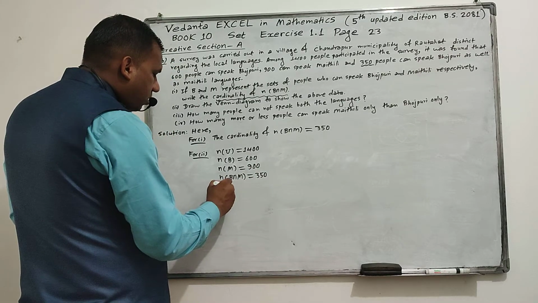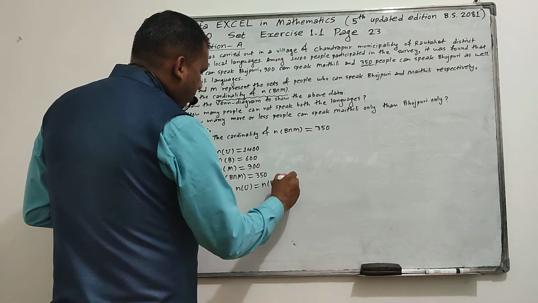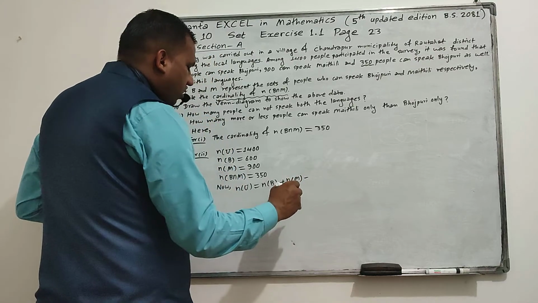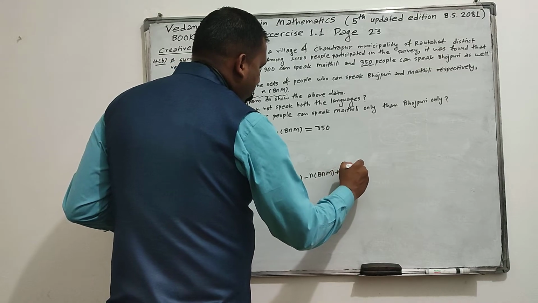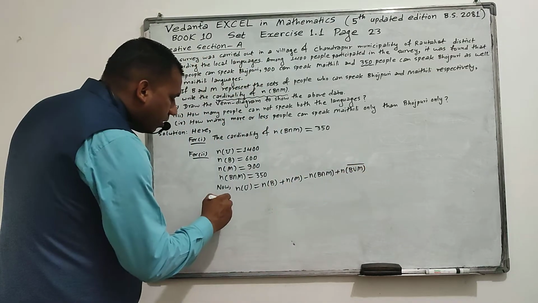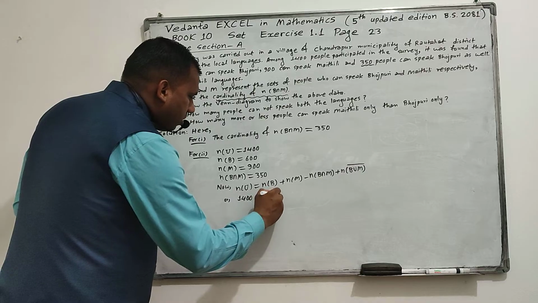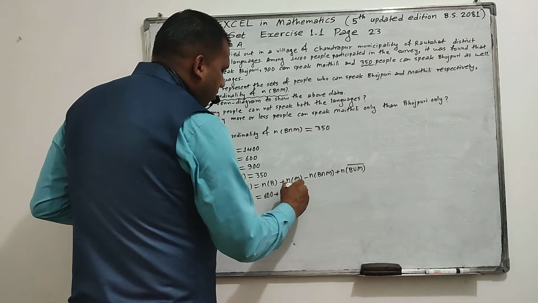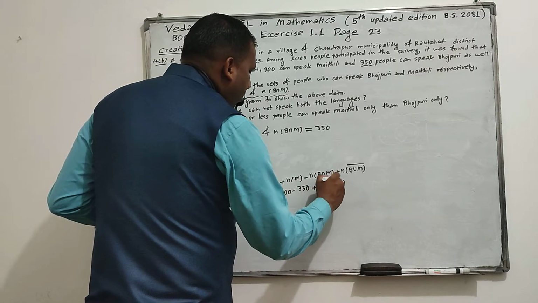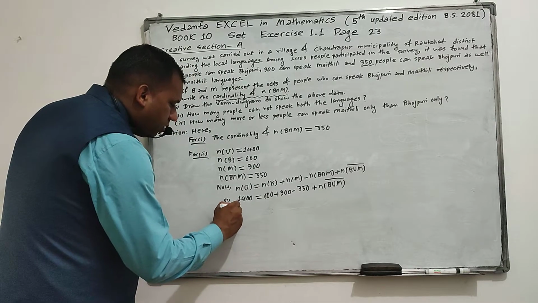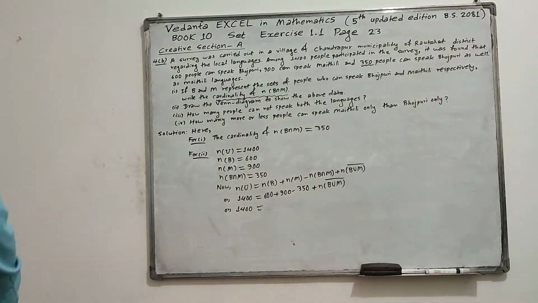Now using the formula, n(U) equals n(B) plus n(M) minus n(B intersection M) plus n((B union M) whole complement), or 1,400 equals 600 plus 900 minus 350 plus n((B union M) whole complement), or 1,400 equals 900 plus 600 minus 350.